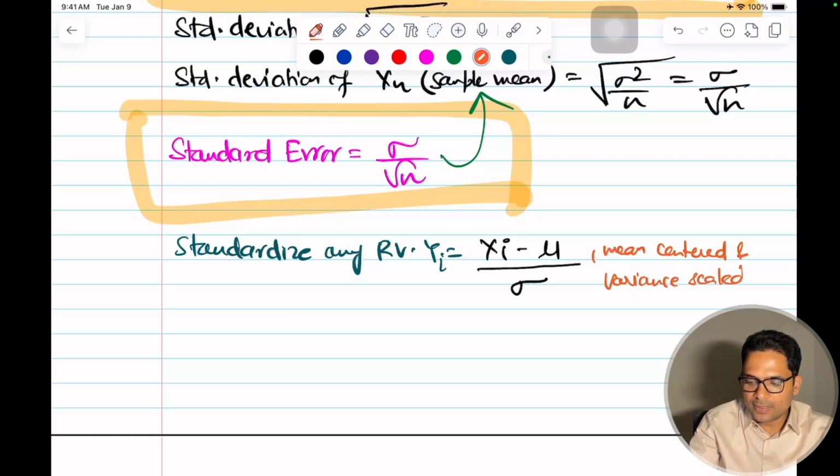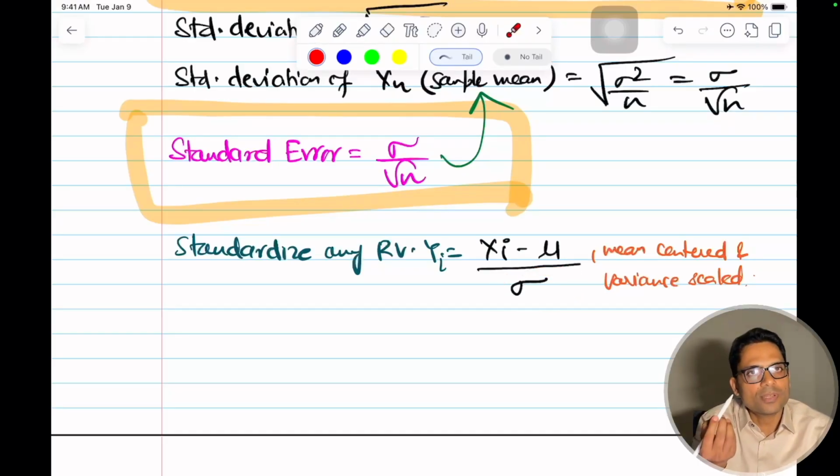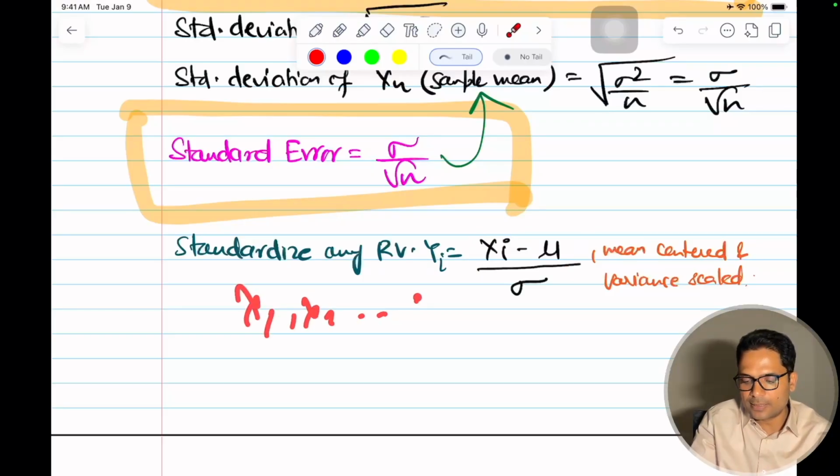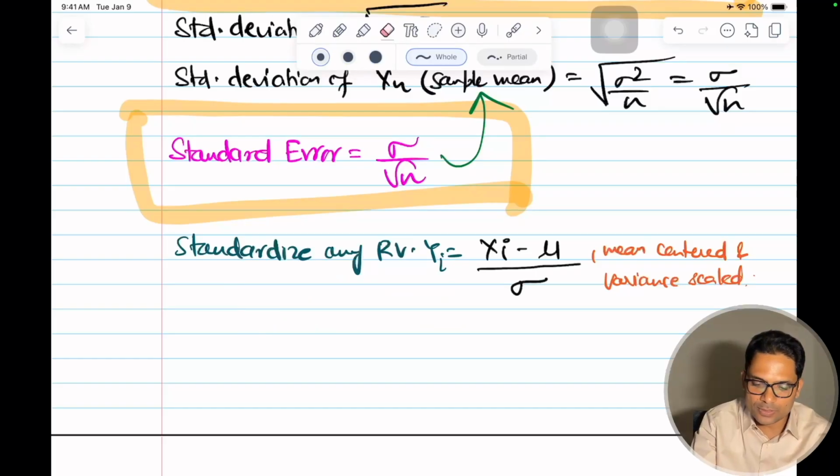So the scaling factor is from the variance. Standard deviation is the square root of variance. So mean centered, I'm centering it towards the mean and I'm scaling it by the factor 1 by square root of variance, that is my standard deviation. My scaling factor is 1 by sigma. And for each of the data in the sample, there will be x1, x2 like that till xn, or y1, y2 till yn. So instead of x, I should write yi here to avoid the confusion.